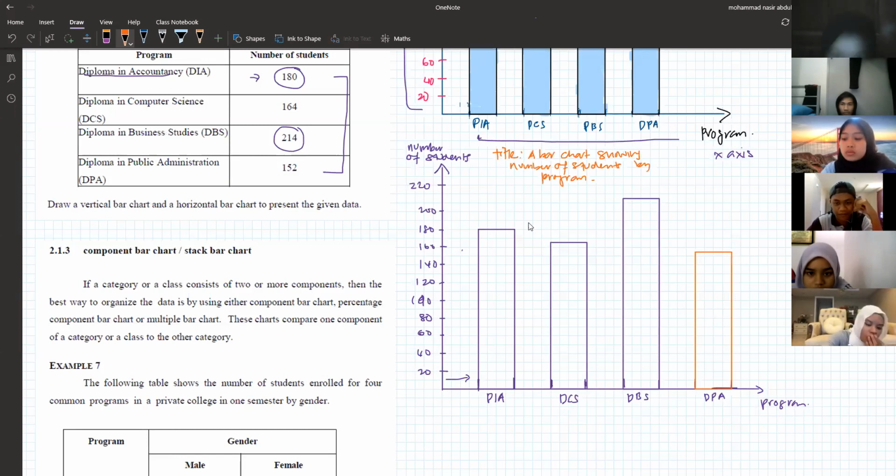So the title of each chart should consist of the name of the chart and the variable involved in the chart. So the variables are number of students and program. If you have time, you can color inside each bar. So this is how you draw a bar chart.